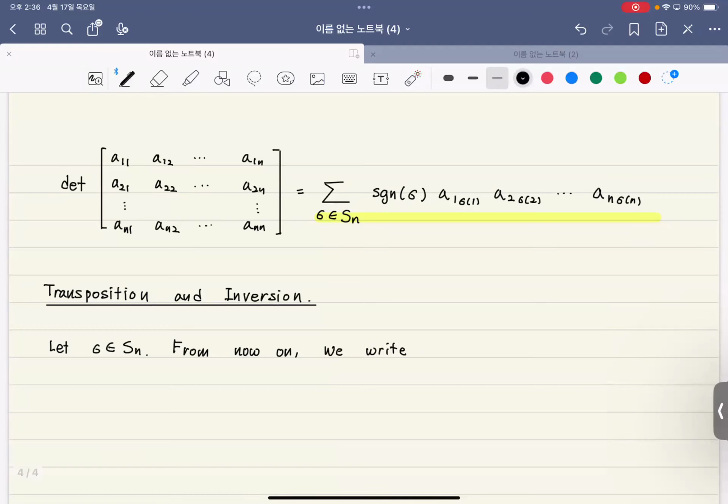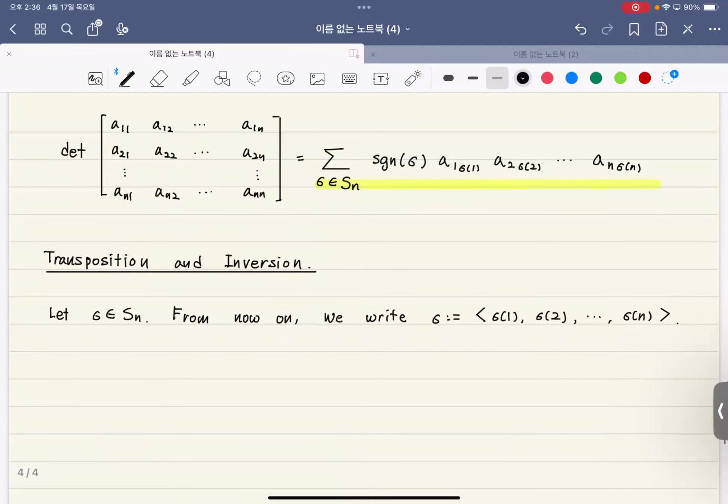So from time to time, we will write sigma 1, sigma 2, and sigma of n. Okay.